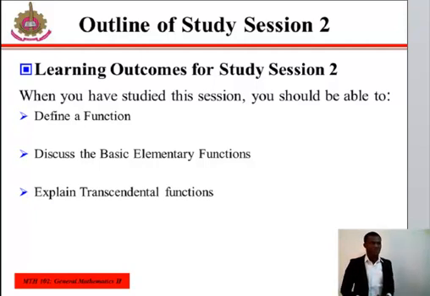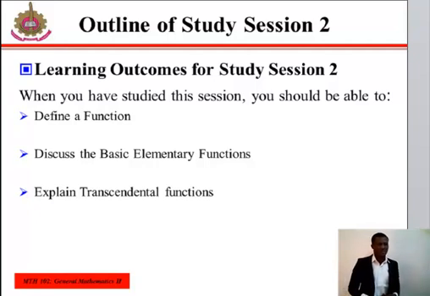For example, you are familiar with how the distance traveled by a body freely falling in a vacuum is related to the time of the fall, how the concentration of a medicine in the bloodstream is related to the length of time between doses, and how the area of a circle is related to the radius of the circle. In this study session, you will be learning about representation of functions with special reference to graphical methods.